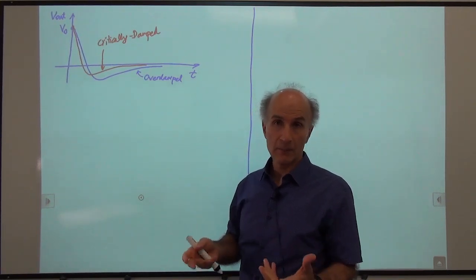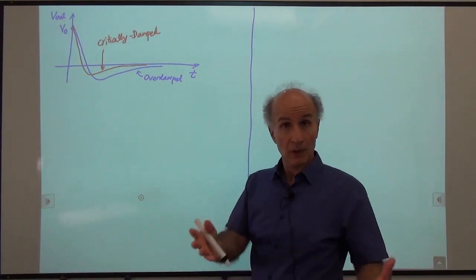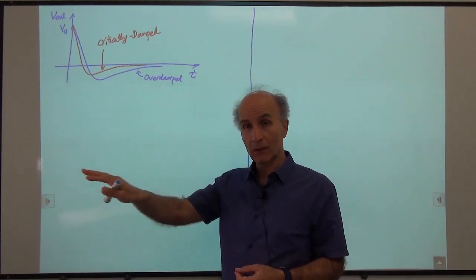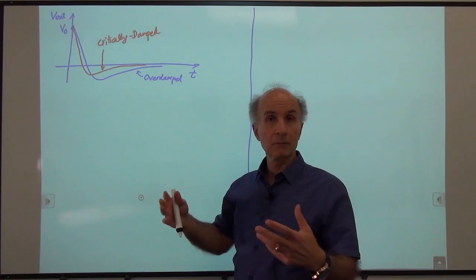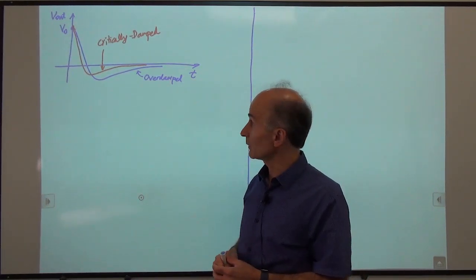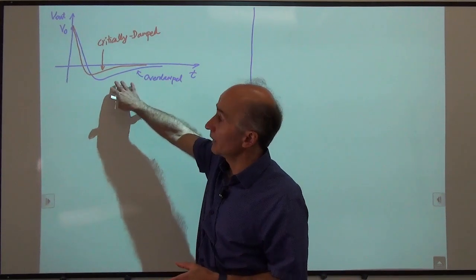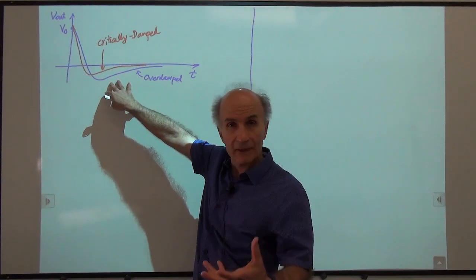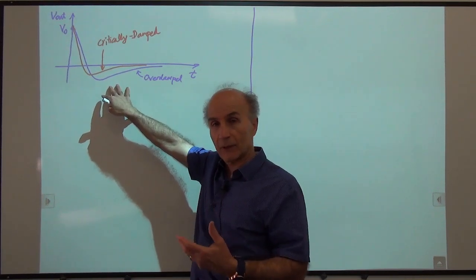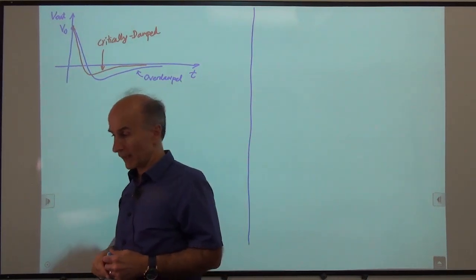So in many systems, mechanical systems, electrical systems, social systems, we would like to have a critically damped response so that we can get to the final result as quickly as possible. All right? So that's what we call critically damped. Of course, this drawing is only relatively qualitative. If you have numbers, you can plug in and try to draw it carefully so that we can compare these two. But generally speaking, that's what we would expect.